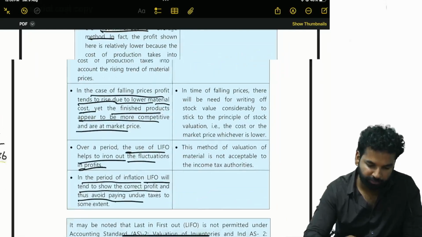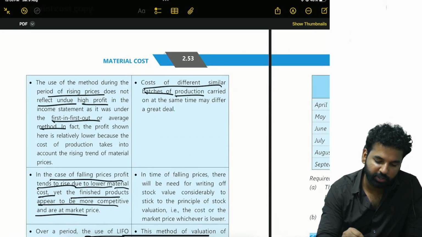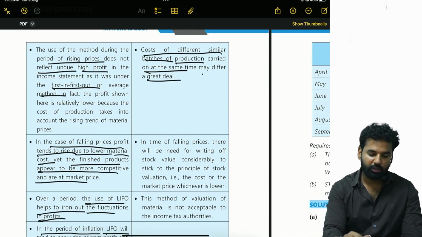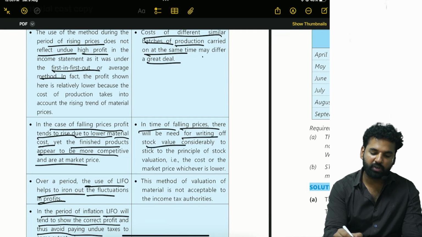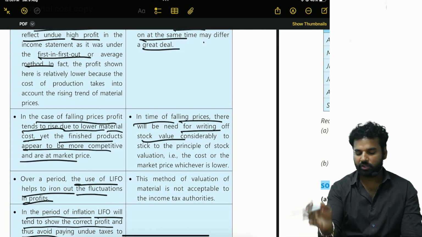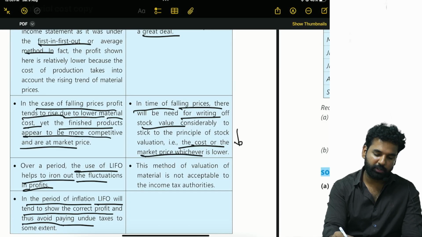And disadvantage: cost of different similar batches of production carried on at the same time may differ a great deal, which we told. In time of falling prices, there will be need for writing down of stock value. Falling prices means higher rate it will show, higher cost it will show. So that's why writing down of the value has to be done. The cost or the market price, whichever is lower, has to be adopted.